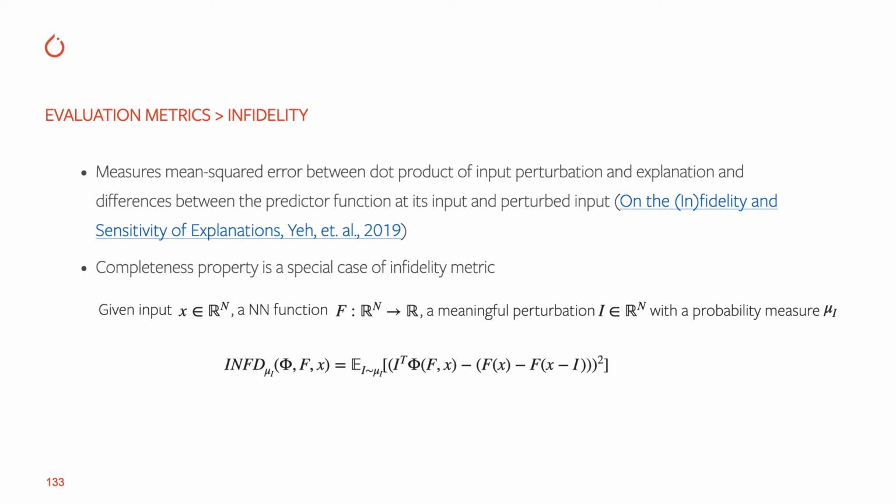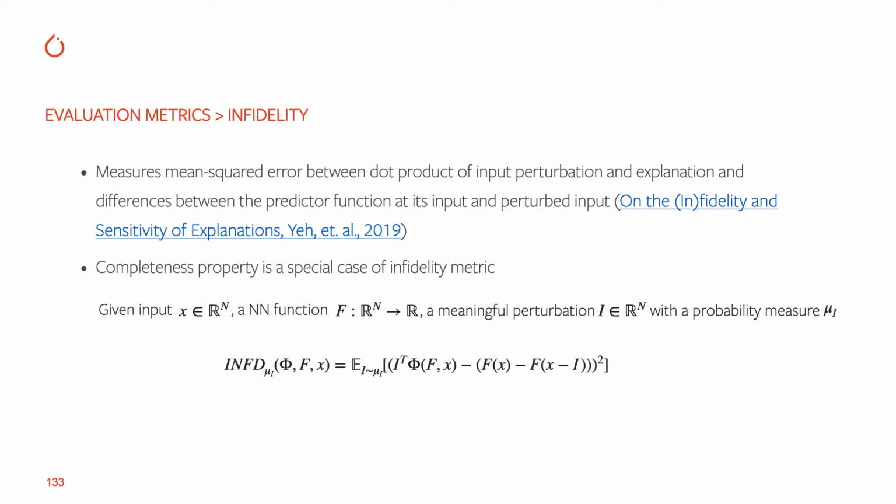Similar to sensitivity max, infidelity is another metric that measures the quality of explanations. This is a generalization of the completeness axiom, which we already got to know from the integrated gradients algorithm.